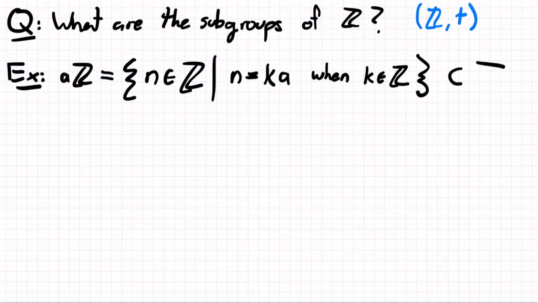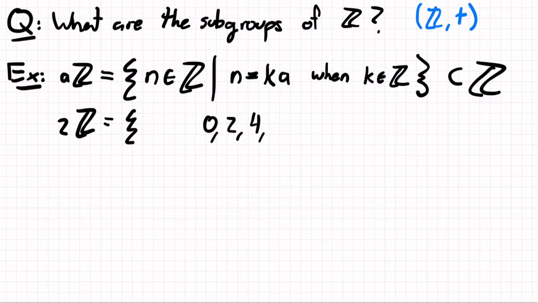This is a subset of the integers. For example, I can talk about 2Z, which would be 0, 2, 4, 6, 8, etc., with also -2, -4, etc.